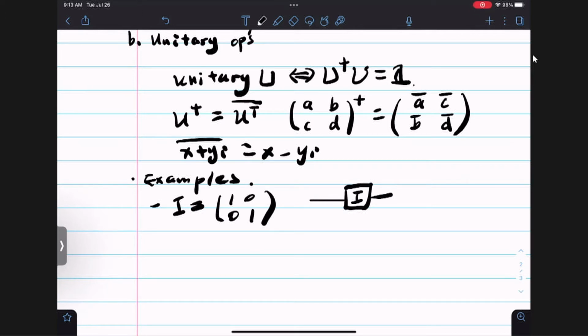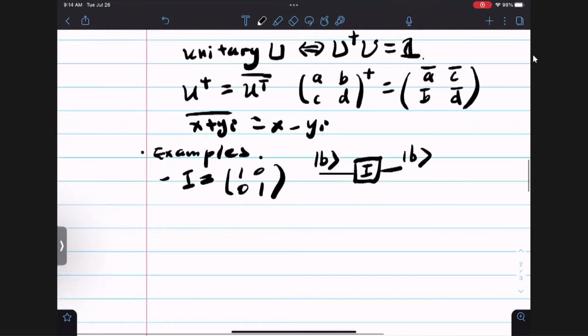Clearly, for any input qubit, it just outputs the same. The way I describe it is I just describe what this operator does to the basis ket 0 and ket 1, because that determines what it will do for another arbitrary qubit by linearity.